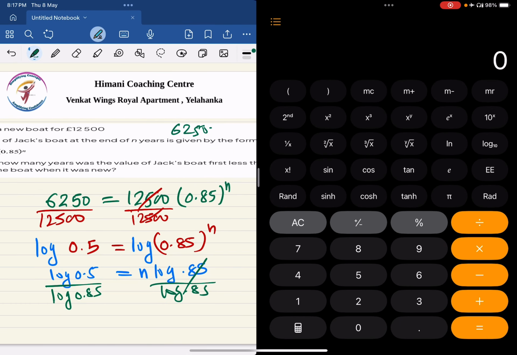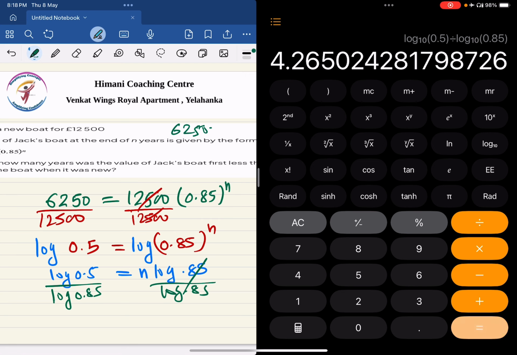So we have the log function, log of 0.5, and we are dividing it by log of 0.85, and you get that it is 4.26.